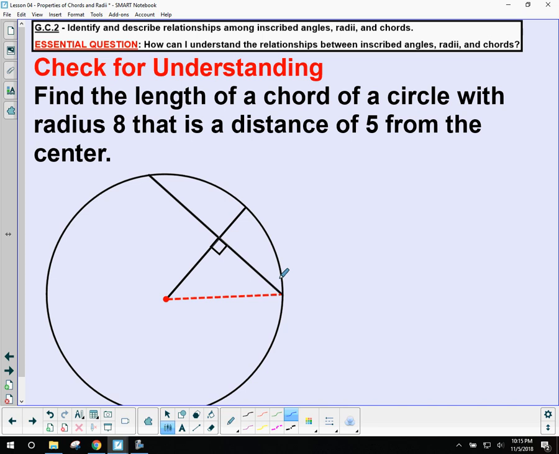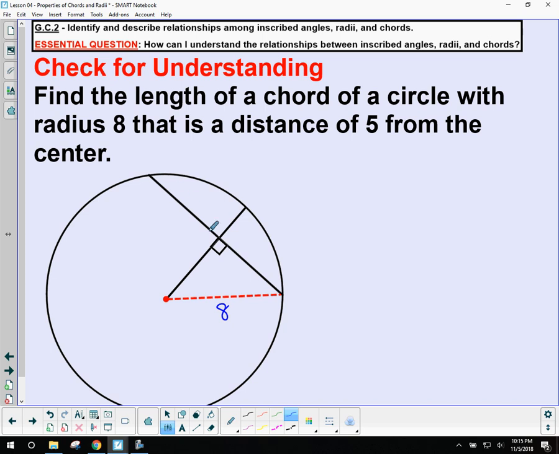Find the length of a chord of a circle with radius 8 that is a distance of 5 from the center. Now this is a chord, and the radius is 8, there's 8.